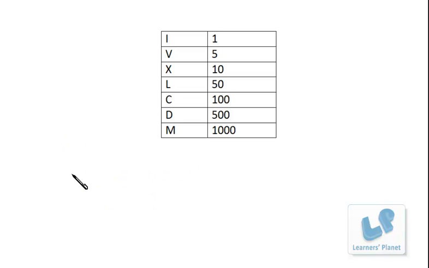Now let's write 75. Now it is 50 plus 10, 60, plus 10, 70, and plus 5. So 50 is L, then X, X, and then what is 5? That is V. So L, X, X, V is 75.